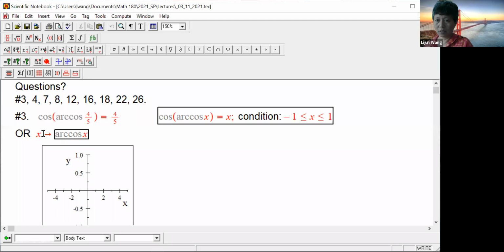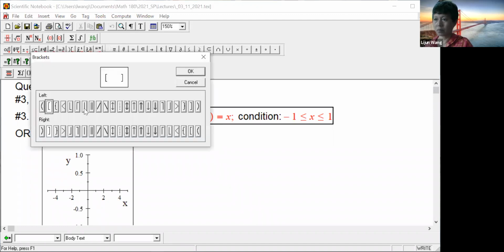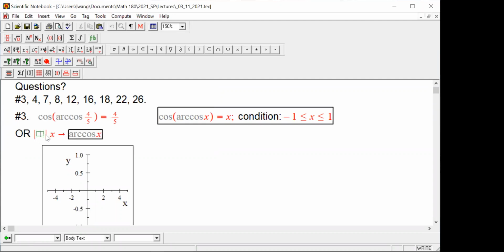And what kind of ratio does it have to be? The ratio x over r has to be less than or equal to 1.